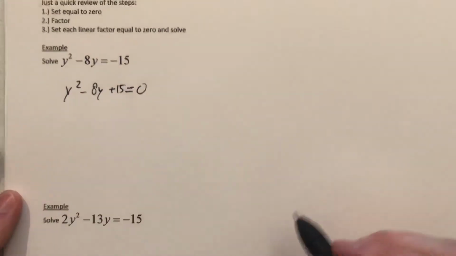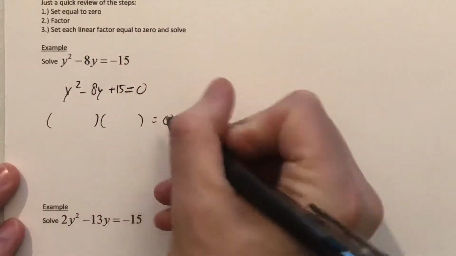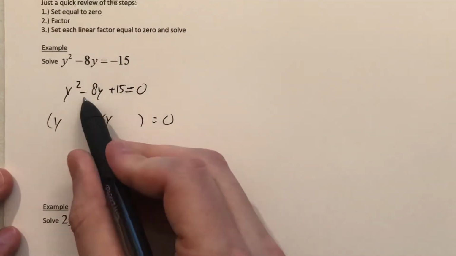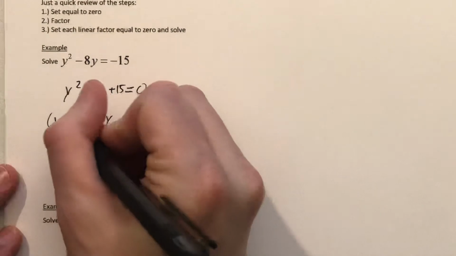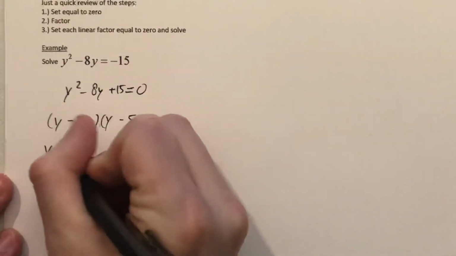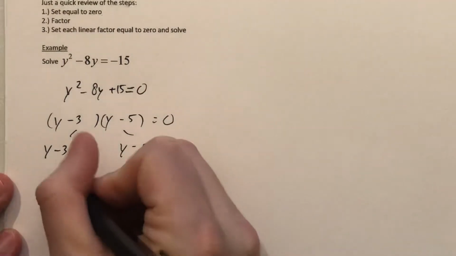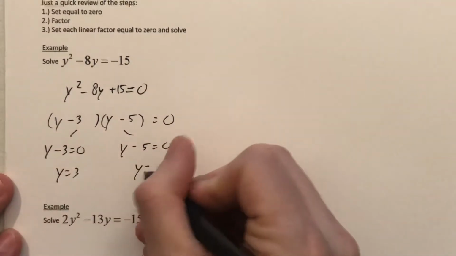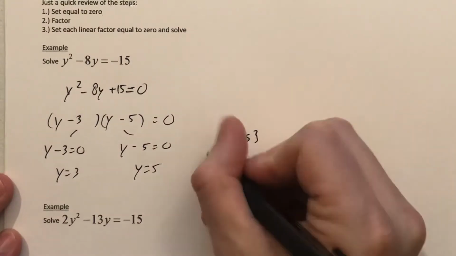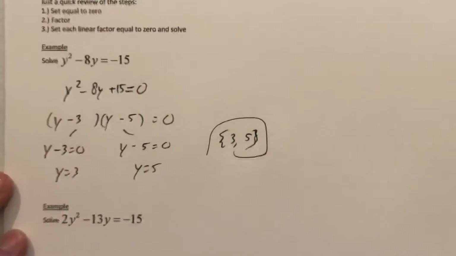And this is just what we call the easy case number game, where you're looking for two binomials that we know both start with y, two numbers that multiply to 15 but add to -8, which would be -3 and -5. And then we can create those individual linear equations that give us our two solutions, 3 and 5. Both of those are solutions to that equation.